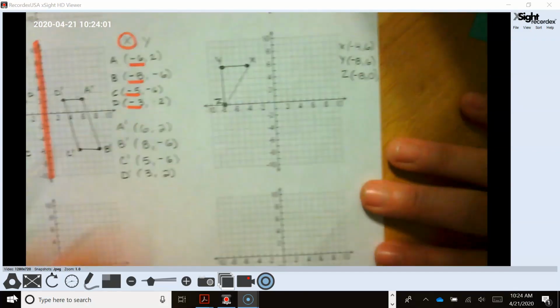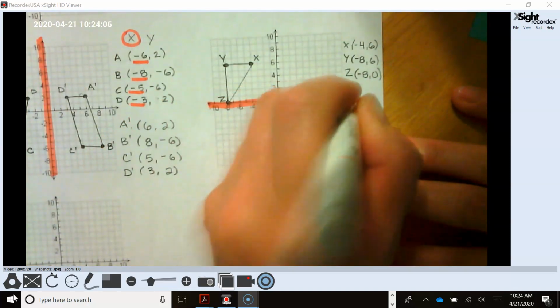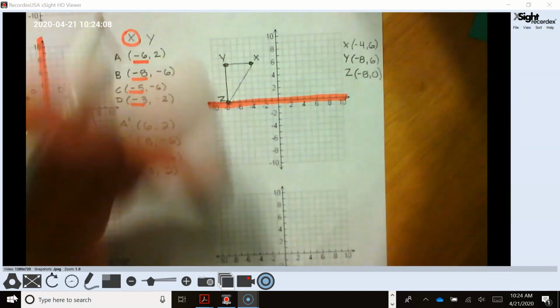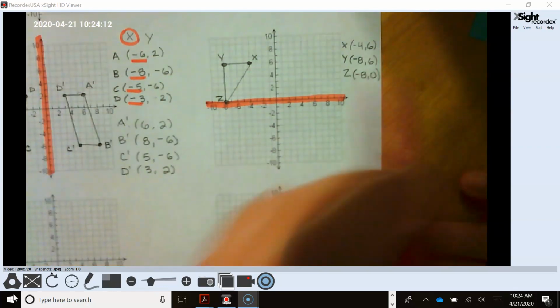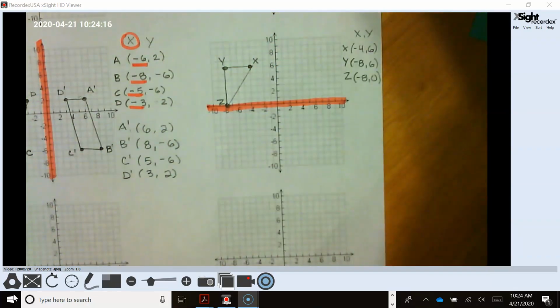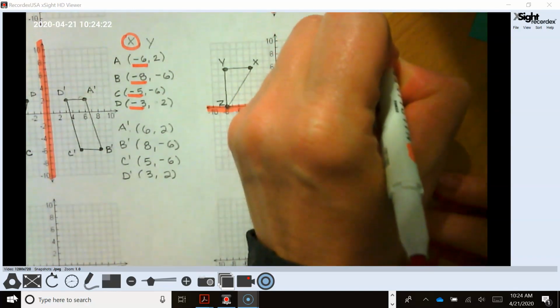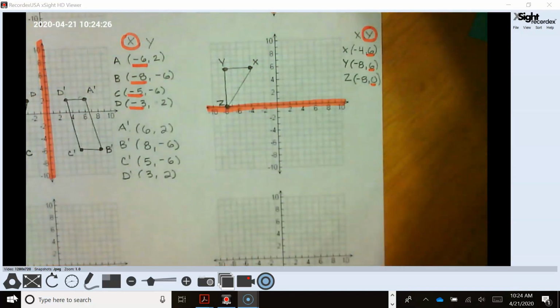Now we're going to reflect this shape over the x-axis. So we're going to take this shape from up and we're going to basically push it down. And we do that by reflecting the y-coordinate. So for every coordinate here for this shape, we're going to change that second number.